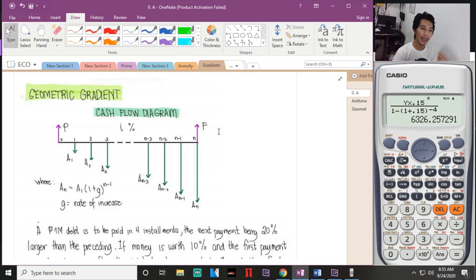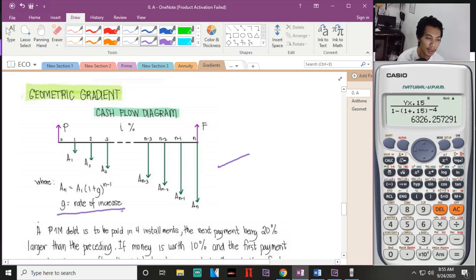Okay? And this is the representation of your gradient in terms of your cash flow. Now, G is a rate of increase. Pwede nating sabihin na kapag rate of increase, ano bang kasama sa progression? Diba, kung meron tayong arithmetic, meron tayong geometric progression.